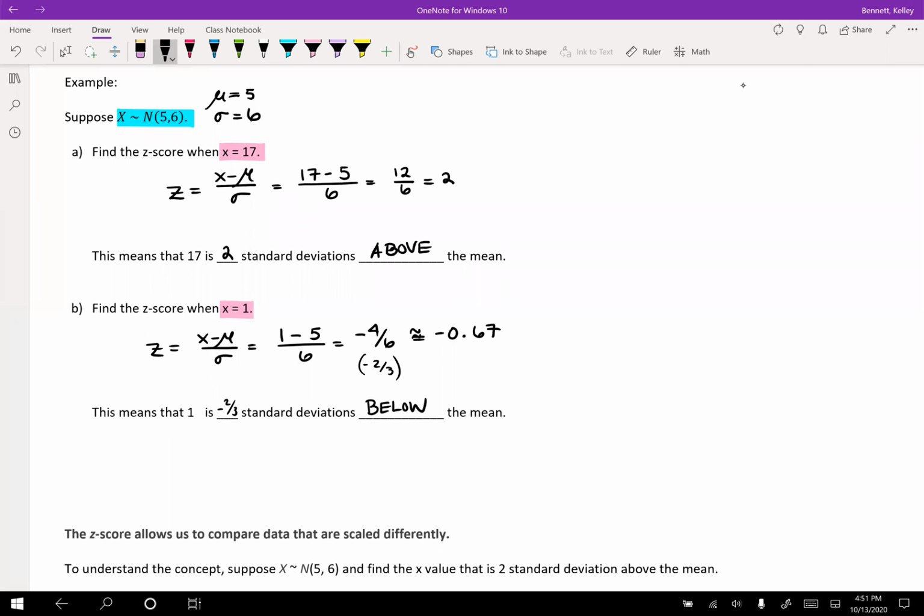Right, so you just use this formula to convert your normal to a standard normal. So if X follows a normal distribution with mu and sigma, then Z follows a standard normal with 0 and 1, where z equals x minus mu over sigma.